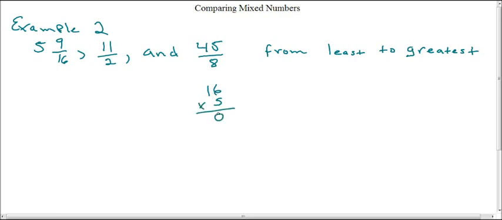And here we'll get 0. 5 times 1 is 5. And 5 times 3 is 8, so we get 80 there. And we'll add the numerator, which is 9, and we'll get 89. So this fraction becomes 89 over 16.